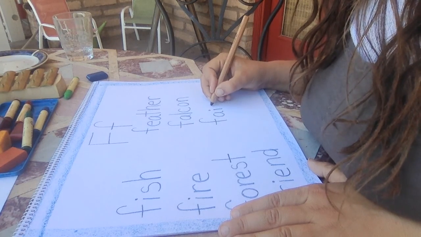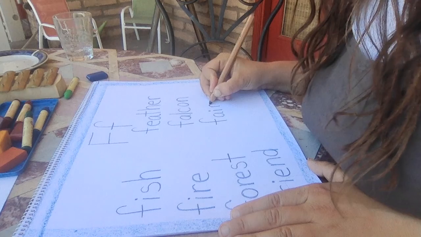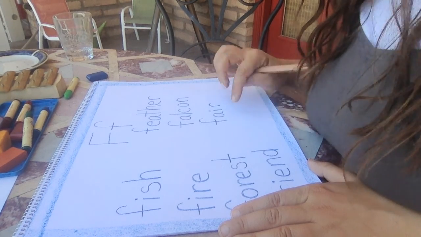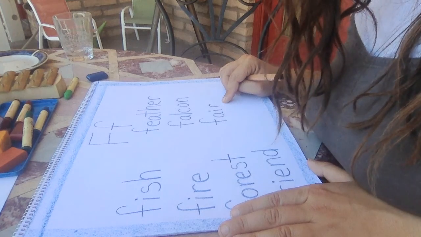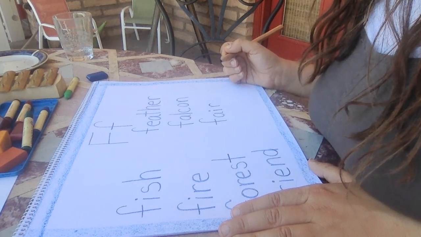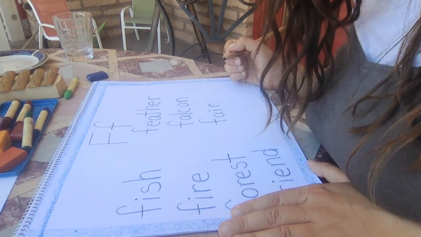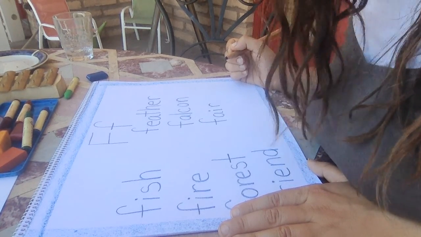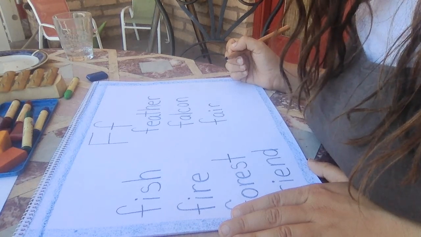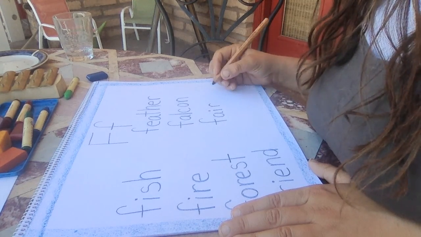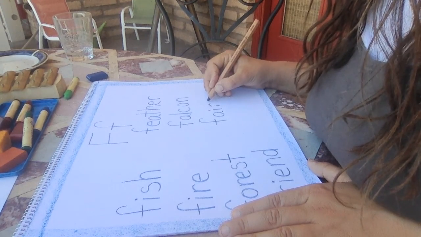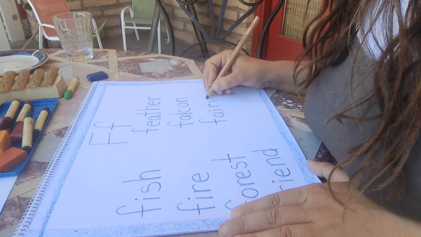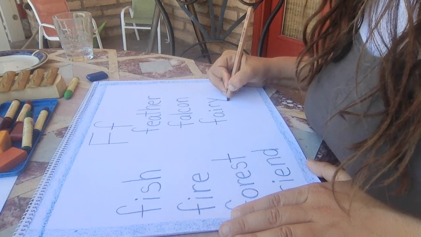Fair. And we have that R pulling that sound down. Fair. We could stop with fair. Do you share fairly with your brother or your sister or your mom or your dad or your cousin? I hope so.